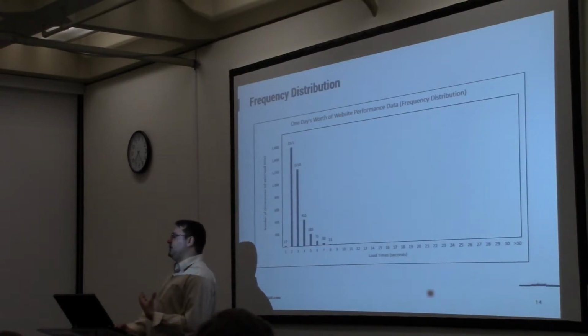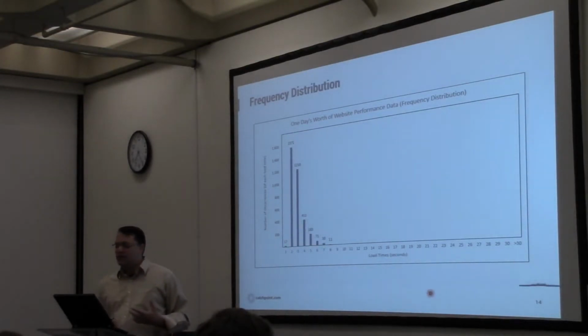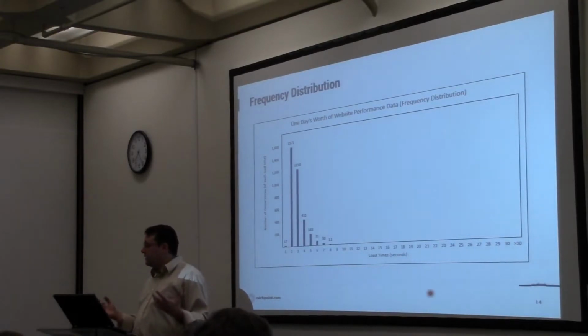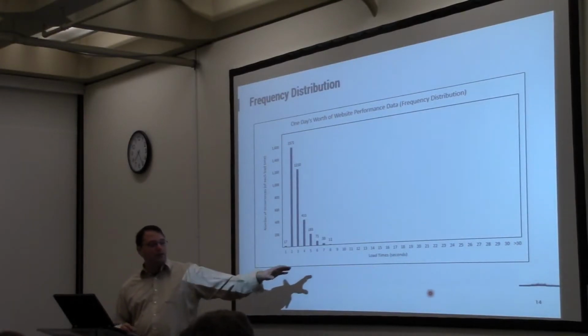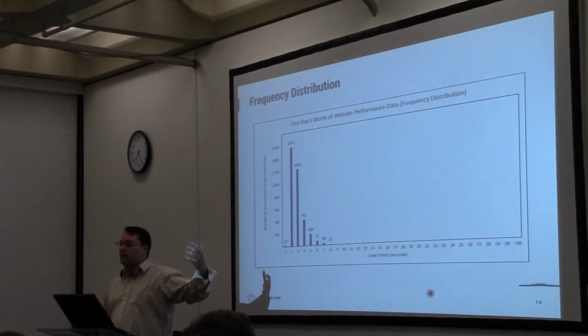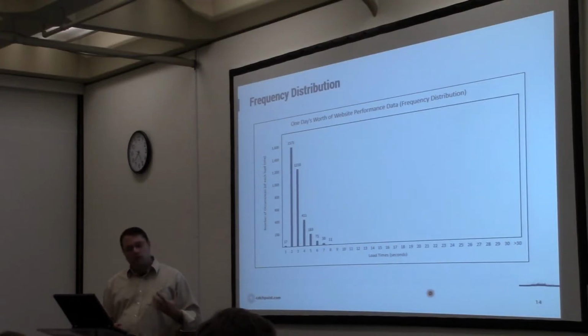This is probably the other most popular chart type that folks use. You see this in a lot of RUM dashboards, for example. This is a frequency distribution, so the values are along the x-axis, and then the number of times response time fell within those values. And those values are actually ranges. One of the problems with this chart is there's not a lot of space to put like 1.1 seconds to 2, 2.1 seconds to 3.